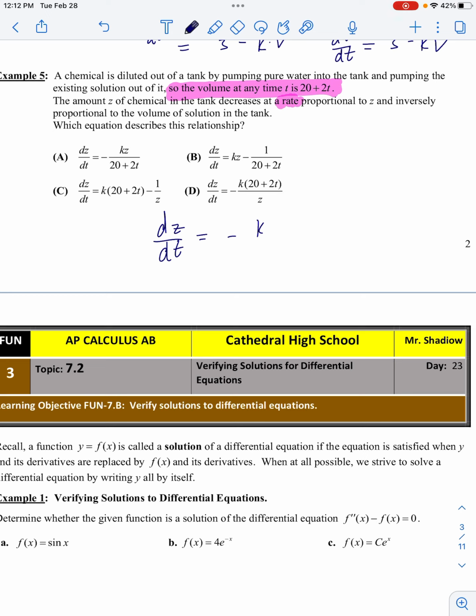It's proportional to Z and inversely proportional to the amount of liquid in the tank, so I divide by the volume of liquid. If it says proportional and doesn't say inversely proportional, that's an implied directly proportional. We're decreasing, so we get the minus sign here. So the answer to that is A.